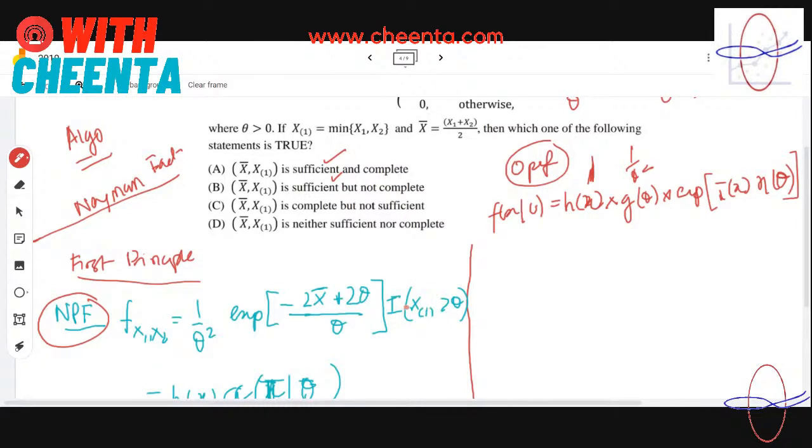So in fact it's of the form, and t of x you can also understand from here. If it's an OPEF, both the things will be there. You can take this as the exponential of log of this.